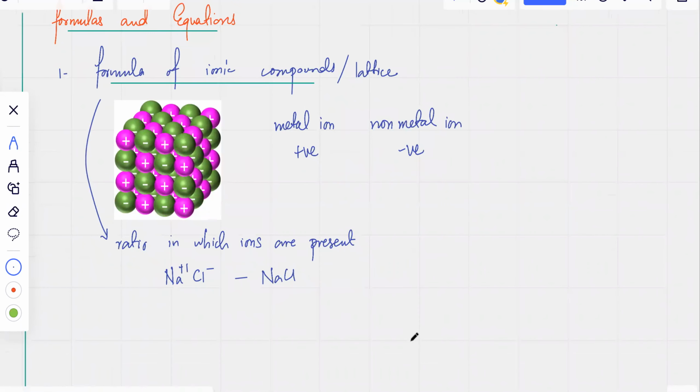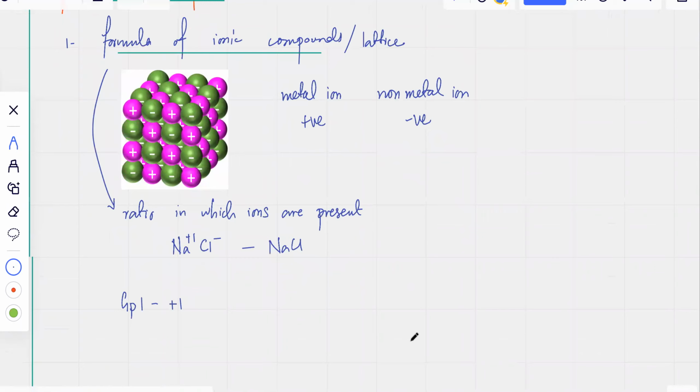And based on our knowledge of dot and cross diagrams, we know that if there's a substance in group 1, it's going to have a charge of +1. If there's something in group 2, let's draw a second table. So you have all these groups, group 1, group 2.